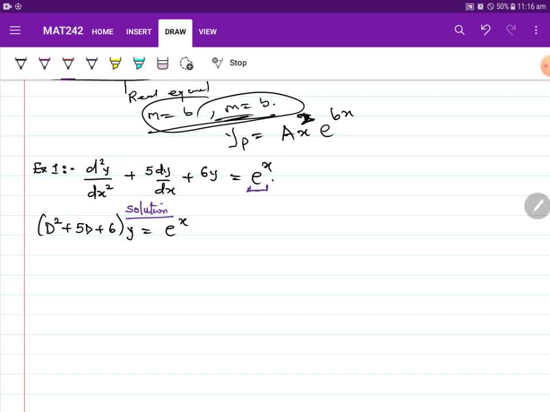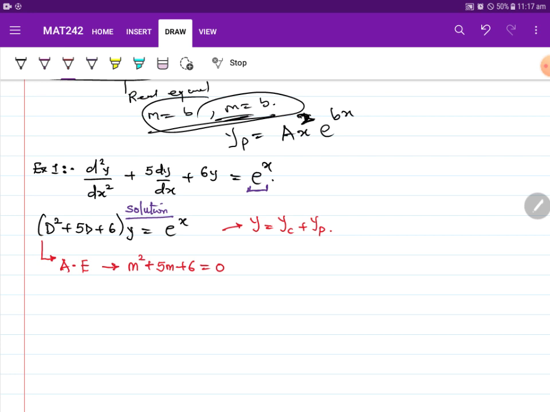So I'll first look for my yc. The general solution remains the same. Our general solution is y is equal to yc plus yp. So let's start with yc. To find the yc, I'll have to take this to the auxiliary equation, which is the same thing as m squared plus 5m plus 6 equal to 0.